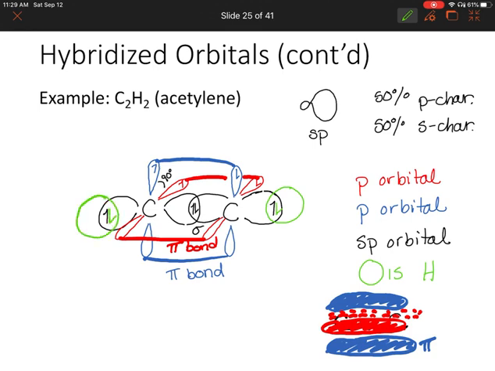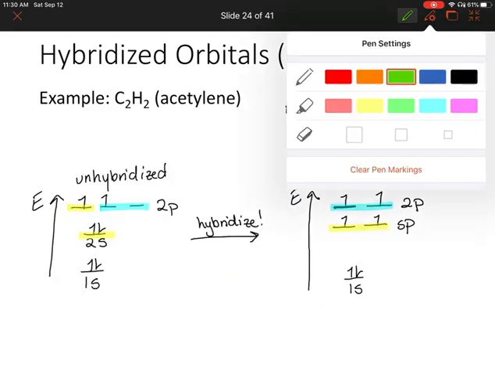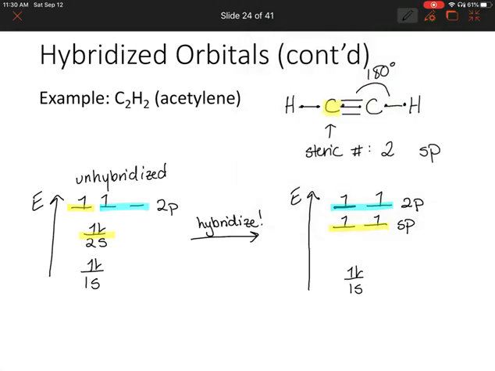So now we have our full acetylene molecule, and we have a triple bond. So if we go back to our Lewis structure, I just want to show you that within that triple bond we have a sigma, a pi, and a pi. And those are the bonds that make up the triple bond.